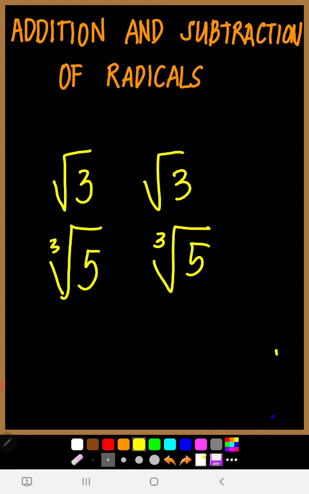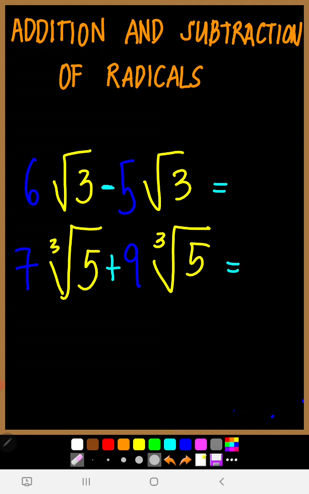So, for example, lalagyan ko siya ng coefficient na 6 and then 5. Ito gawin natin 7 and then 9. So, let's say dito ang operation is minus and dito operation is plus.